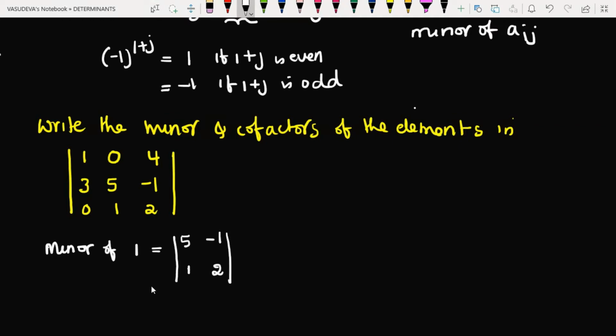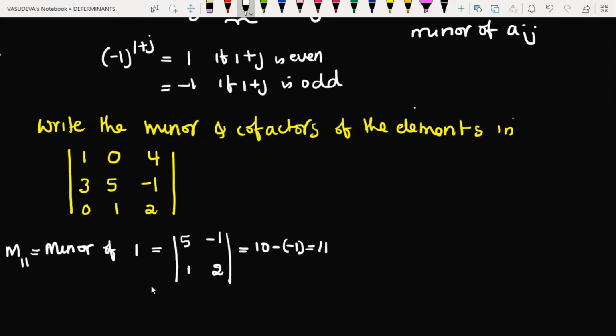So this we denote as M11. M11 means the minor of the element a_ij lying in the first row and the first column. So now this is equal to 10 minus of -1, so 10 minus of -1 is 11.